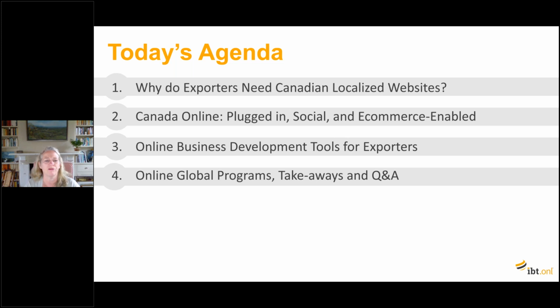Before I pass the microphone on to Andrew, I wanted also to say there are 2 handouts in today's webinar. There's a Canada online environment infographic and also an infographic on Mexico, because we're doing a webinar on Mexico quite soon, and it also highlights the USMCA trade agreement, and the fact that we've seen a lot more interest from US exporters in the Canadian and the Mexican markets at the moment.